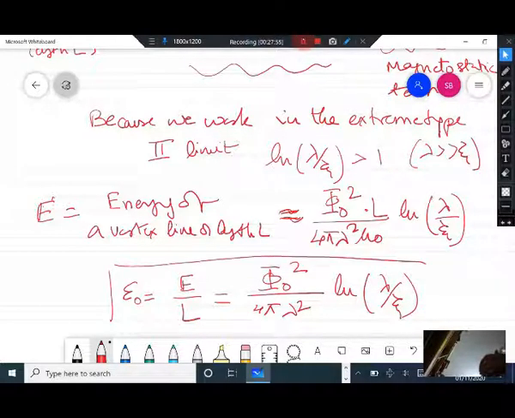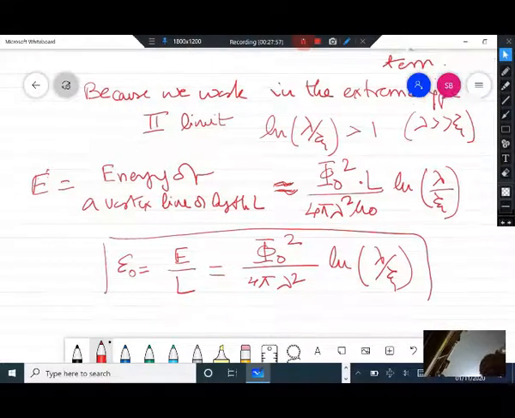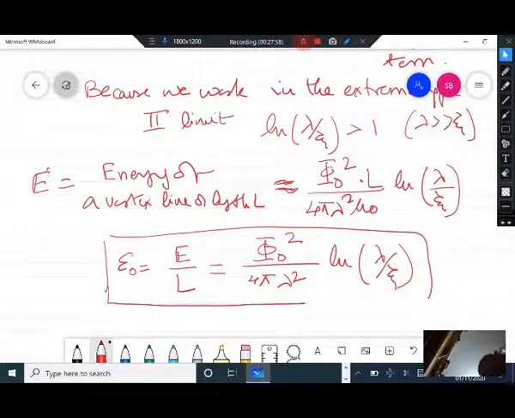So this is a formula that you will see in many textbooks, which gives you the energy of a flux line per unit length.